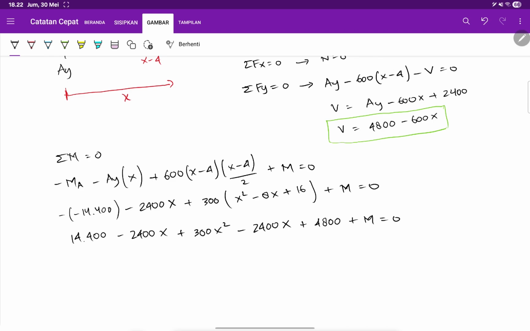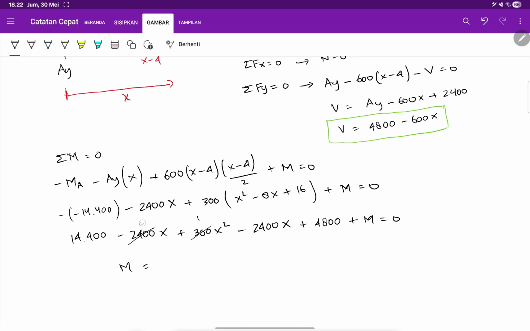And then my M will become, let's delete this, 300 I have. Is this 14,400 divided by 300? Okay. So divided by 300, this becomes 1.